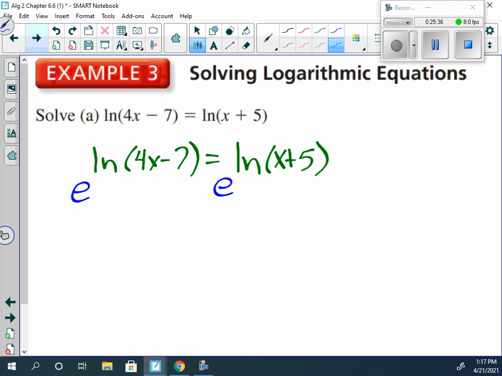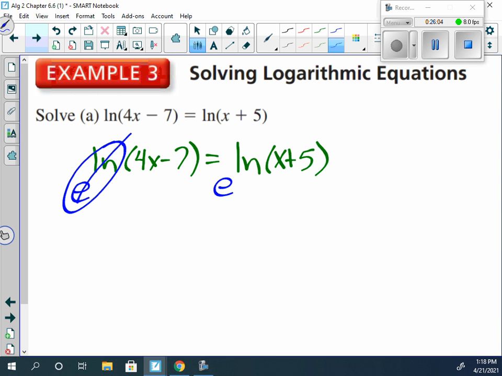Now, the reason that this works is because if I put both sides to the e. On Monday, when we covered the fact that log base b of b does simplify out completely, we also went over the fact that b to the log base b of x is just equal to x. They will simplify out also. Now for natural logs, the base is e. It's understood to be e.